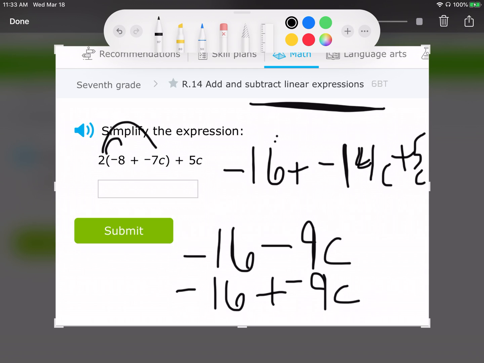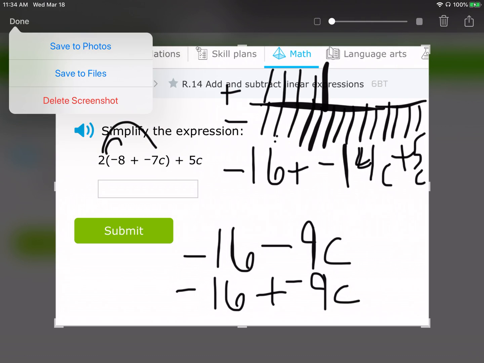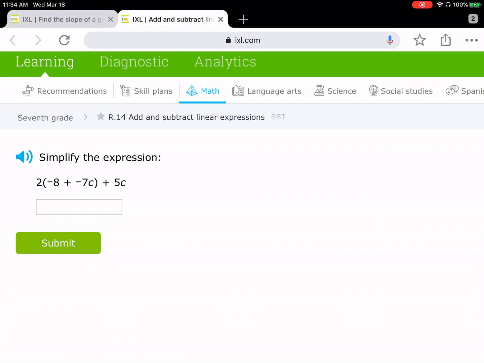With tick marks, imagine I had 14 negatives, 1, 2, 3, 4, 5, 6, 7, 8, 9, 10, 11, 12, 13, 14, and I have 5 positives, 1, 2, 3, 4, 5, up here. Then I would have a negative 9 left. And so that's why I want that negative 16 plus negative 9c.